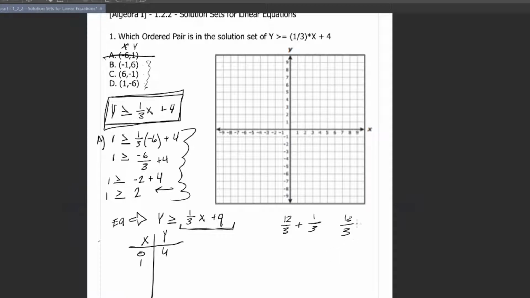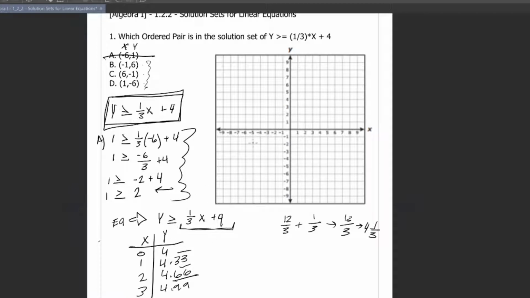That is the same as 4 and 1/3, so 4.33. For 2, I'm going to skip some of this, but it's going to be 4.66, and 3 is 4.99. These are all repeating, and so on and so forth.